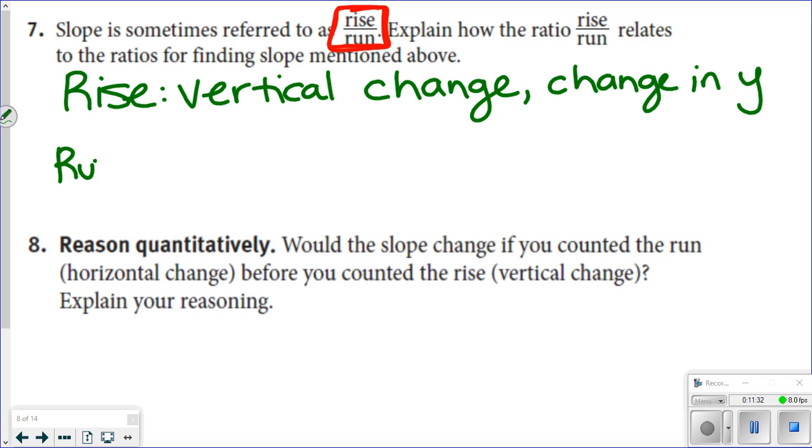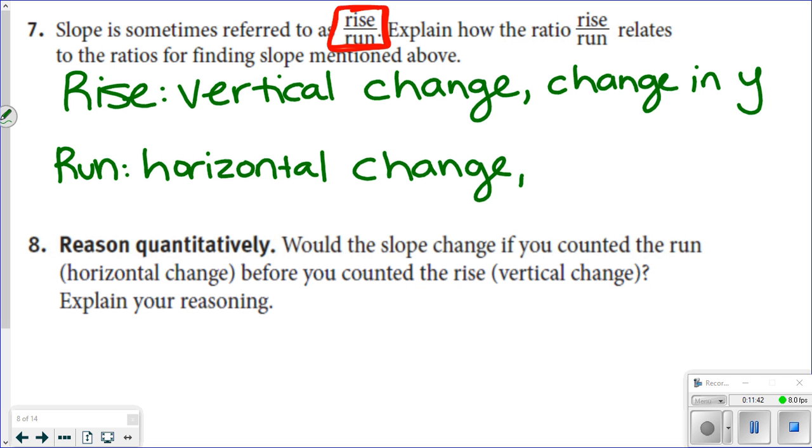Run would be our horizontal change, from side to side, which is our change in x.